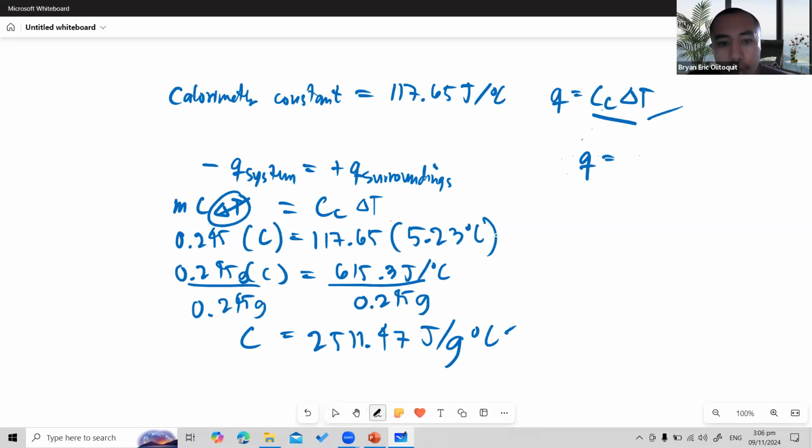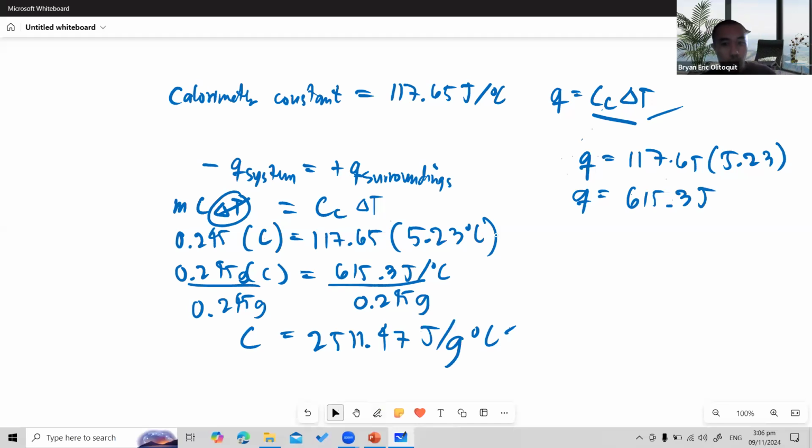is equivalent to the same, 117.65 times 5.23. So the heat recorded in the calorimeter is equivalent to 615.3 joules.